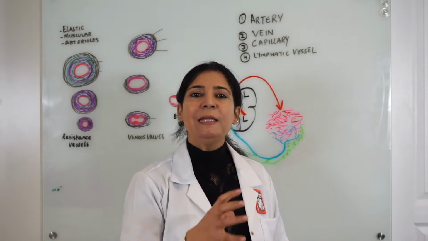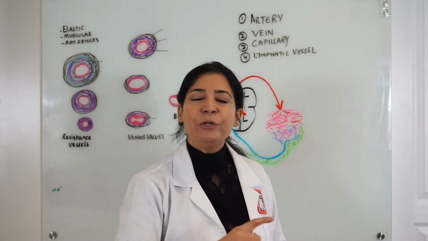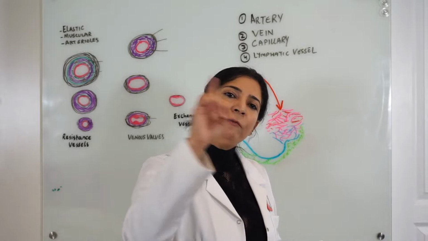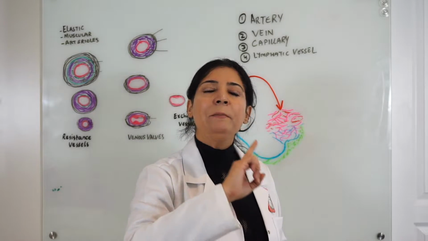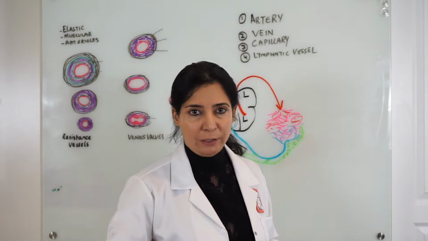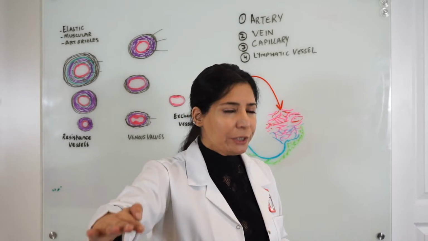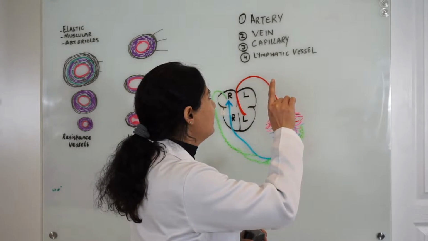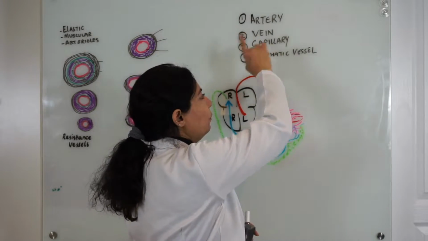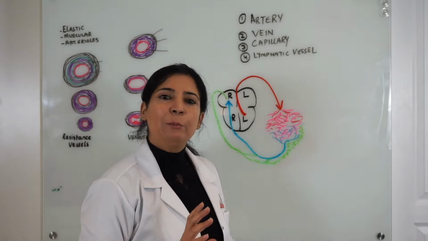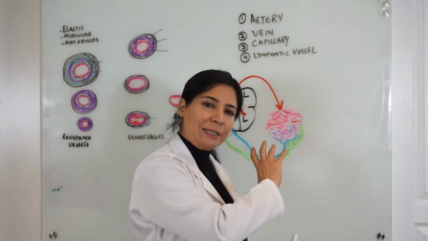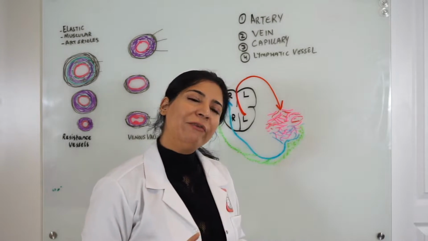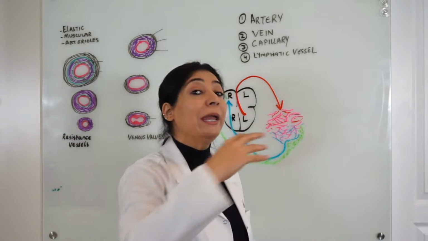So the artery is a vessel or a pipe which is emerging from the heart, carrying blood away from the heart towards the body. Then we have another set of vessels which are basically bringing blood back towards the heart, or they are moving towards the heart, not away from the heart.